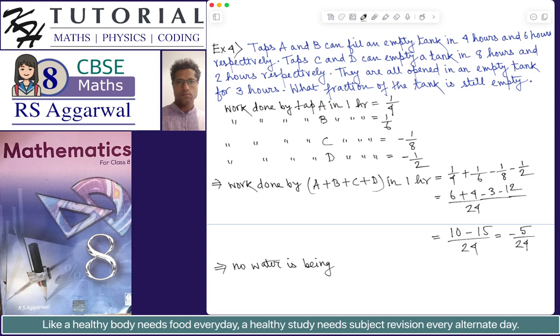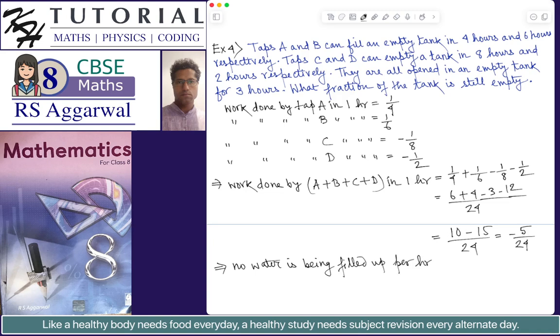So we can say that if the work done in 1 hour is negative, then we can clearly say that no water is being filled up per hour in the tank.